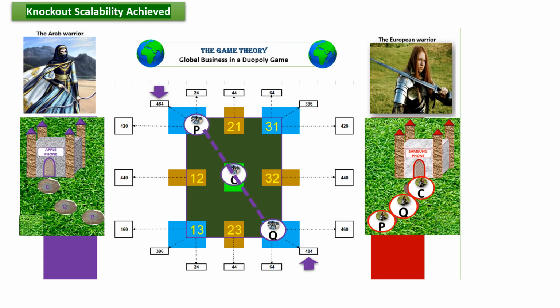That's a very high level, the highest level of profitability. And that gives a reward of a knockout scalability achievement, meaning that you pretty much achieve your scalability level in 2 years instead of 3 years.